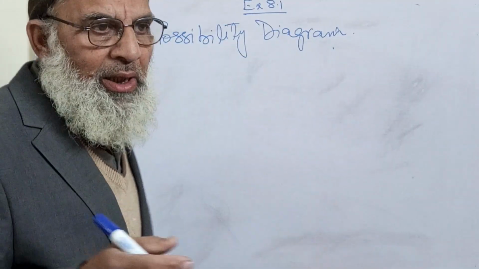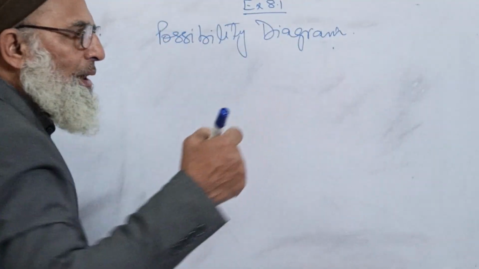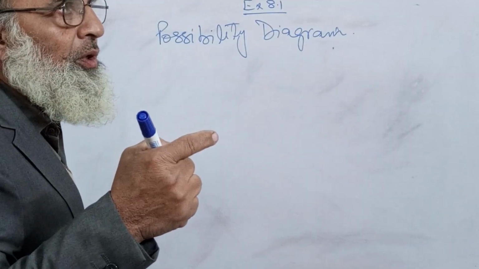Now, you might have heard in our chapter, what was the chapter? I just don't remember the chapter name. Let me check it out. Yes, it was chapter number 4.